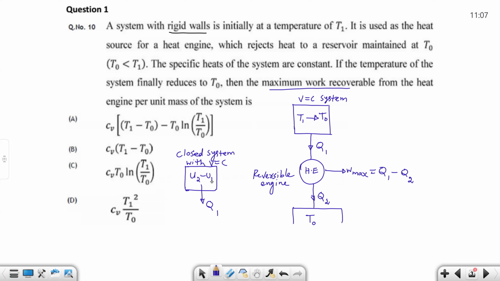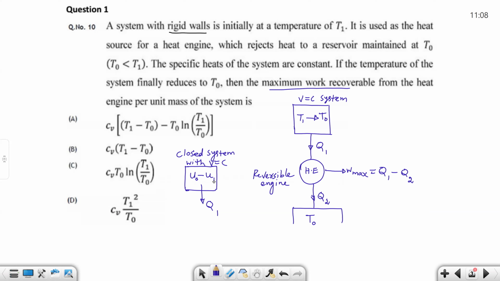Change in internal energy. Maybe you are reducing to atmosphere, because the temperature of the gas inside the closed system is reduced up to T0 to get to the maximum work output. So U0 minus U1, final minus initial.